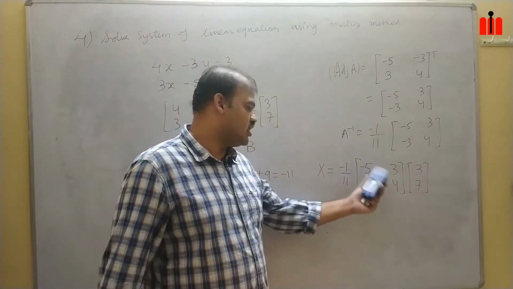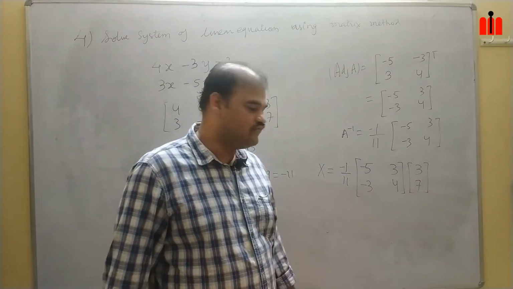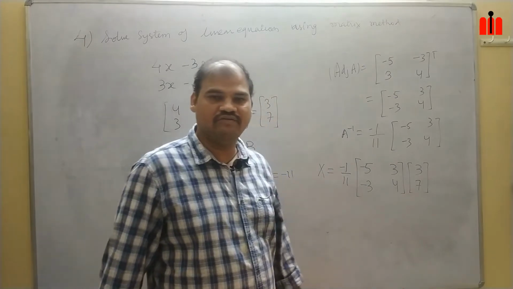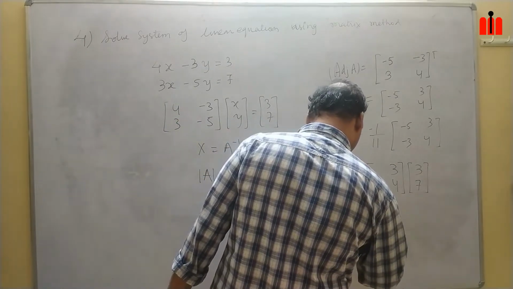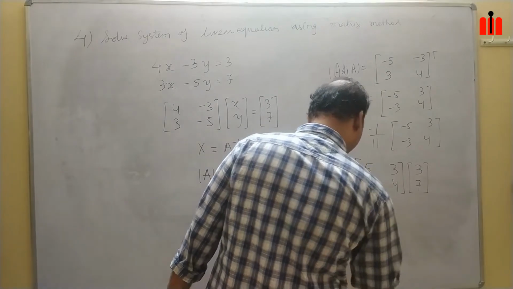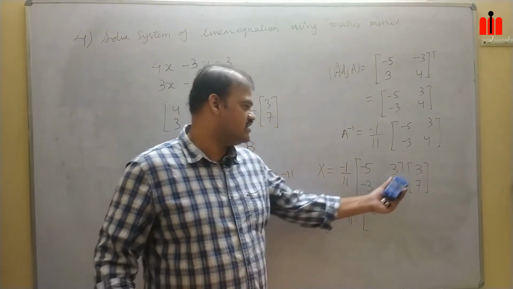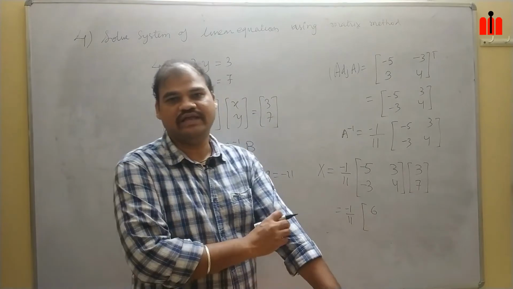Okay, so now let's do the product. Minus 5 into 3 is minus 15, and minus 3 into 7 is minus 21, giving minus 36. Here it will be minus 1 by 11 times the result. Then 3 into 3 is 9, and 4 into 7 is 28.